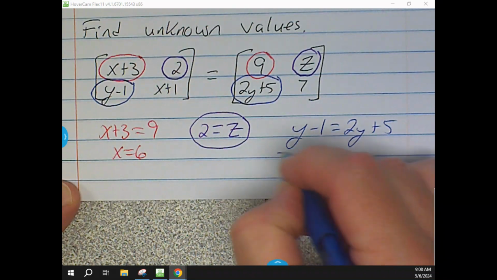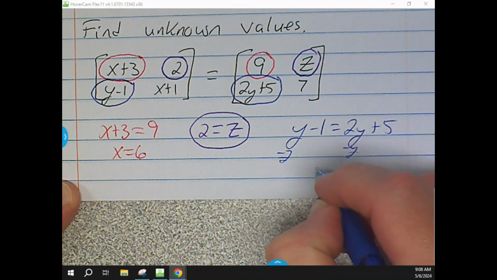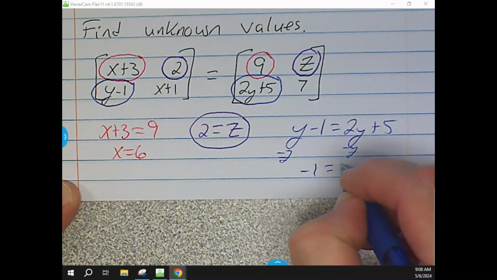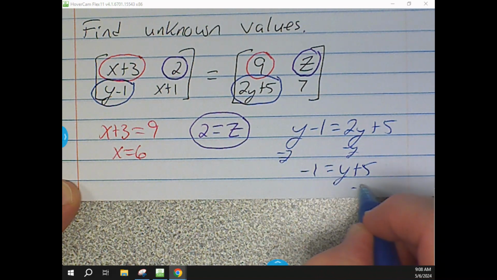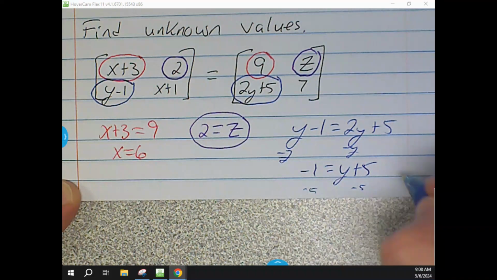Let's subtract y from both sides, which leaves us with negative 1 equal to y plus 5. Then we subtract 5 from both sides, so y equals negative 6.